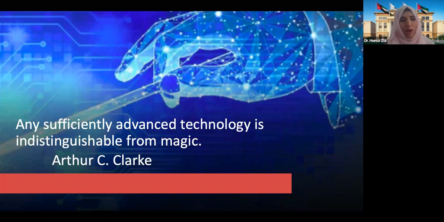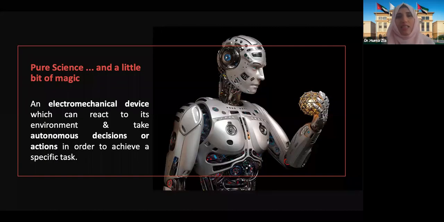Now you try to show a magnet to a very excited 4-year-old, and it'll seem like magic to him. So it's the science behind it which separates it from magic actually. So basically robotics is pure science, but a little bit of magic.